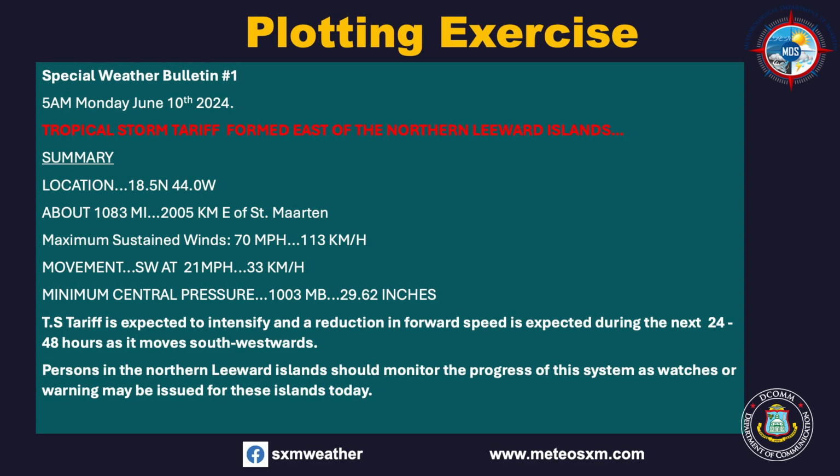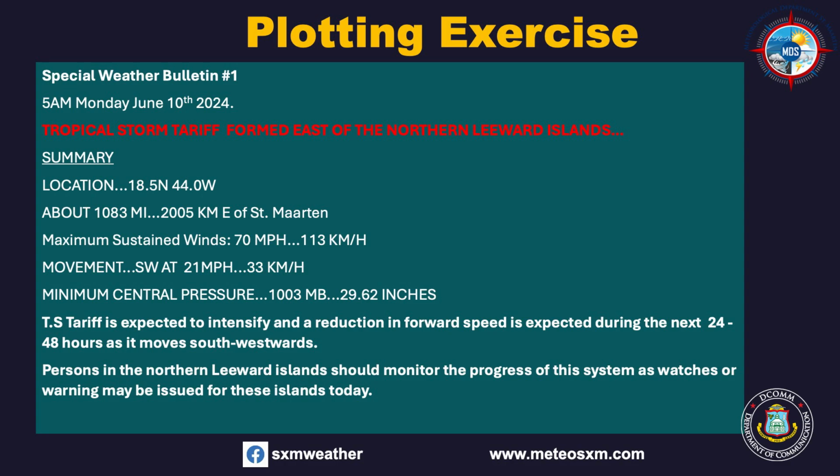Sometimes you hear an announcement, and then you go about your business, and the next time you hear one might be a day later. So you need to know which one you're listening to. This is Bulletin 1. So if next time you hear Bulletin 4, you know you missed 3 of them, okay? So you don't put the third one before the first one and get yourself mixed up.